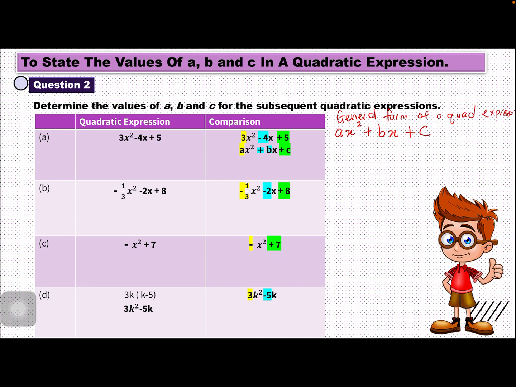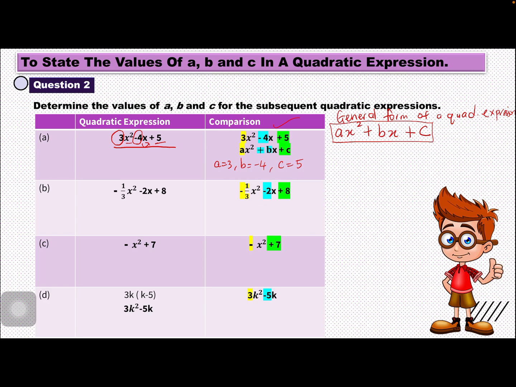So you have ax squared plus bx plus c. Now this is the quadratic expression. Now you have to compare it with the general form. So if you can see here, 3 is the coefficient for x squared, negative 4 is the coefficient for x, and 5 is the constant. So we can see that our A is 3, our B is negative 4, and our C is 5.